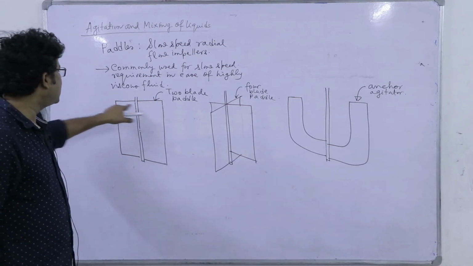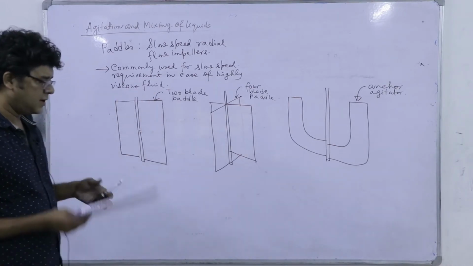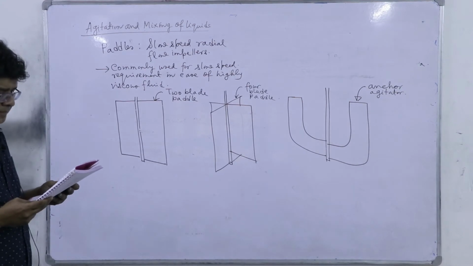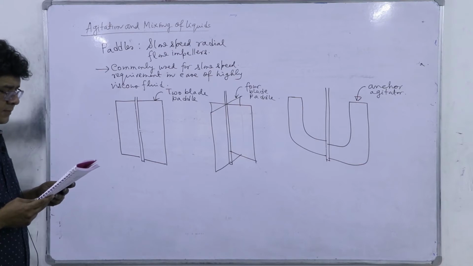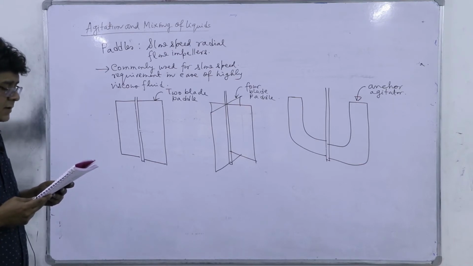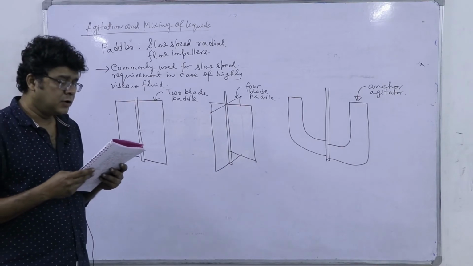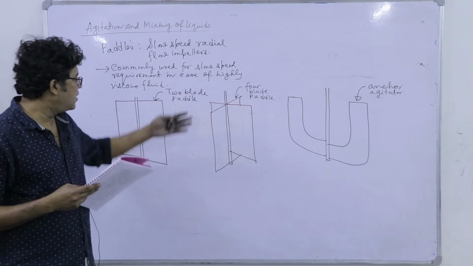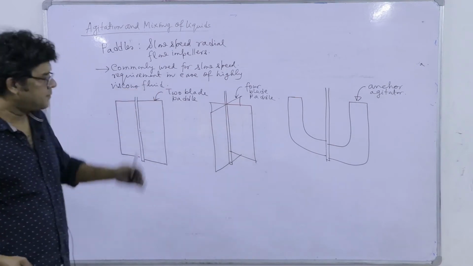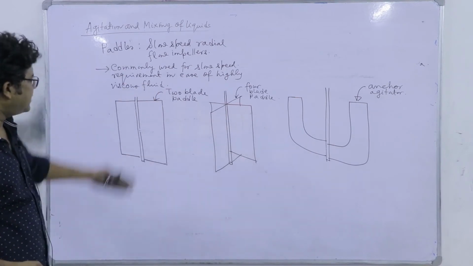The paddle diameter is close to the diameter of the vessel. So for the simpler problem, an effective agitator consists of a flat blade turning on a vertical shaft. Two bladed, four bladed paddles are common. Sometimes the blades are pitched. Pitched means slightly slanted, right?